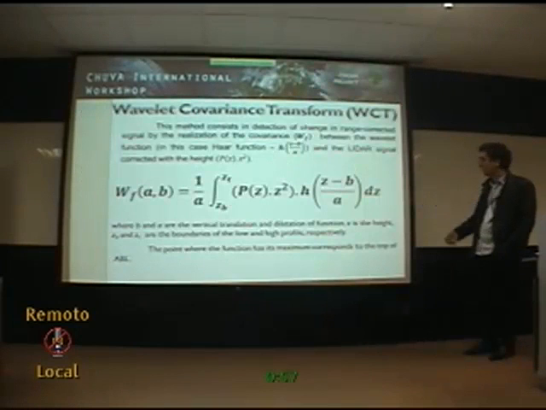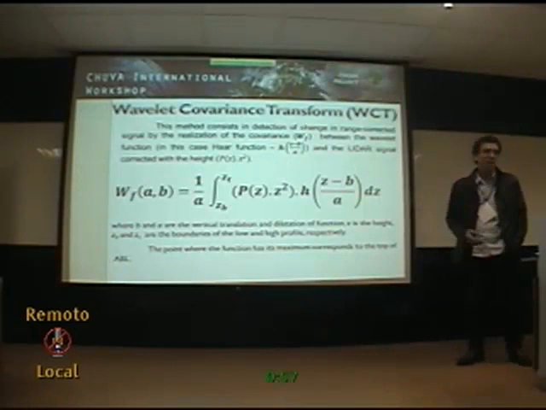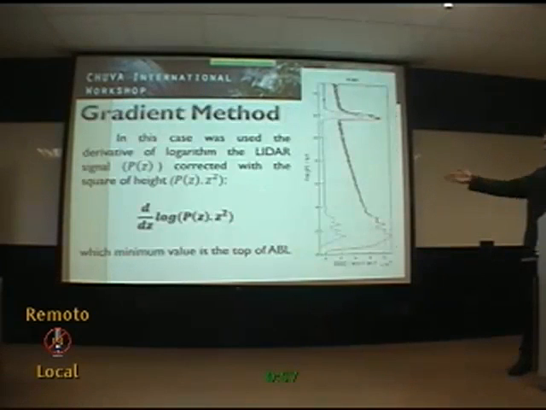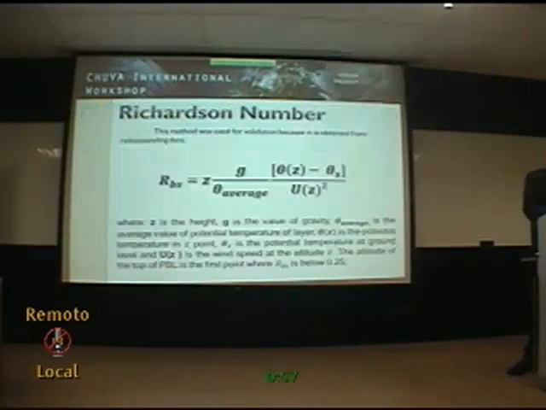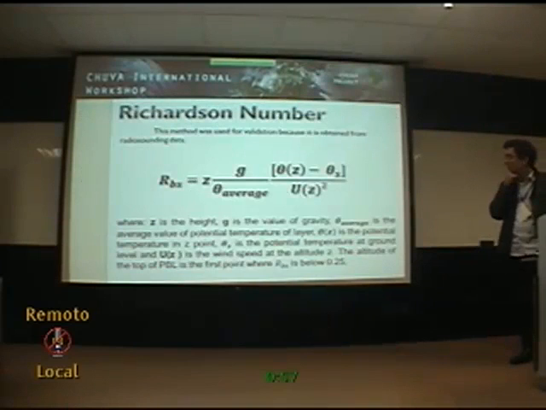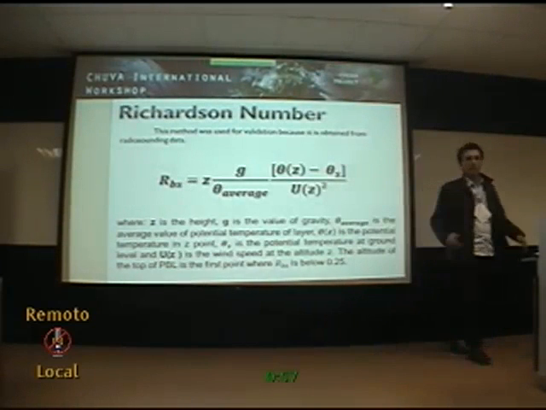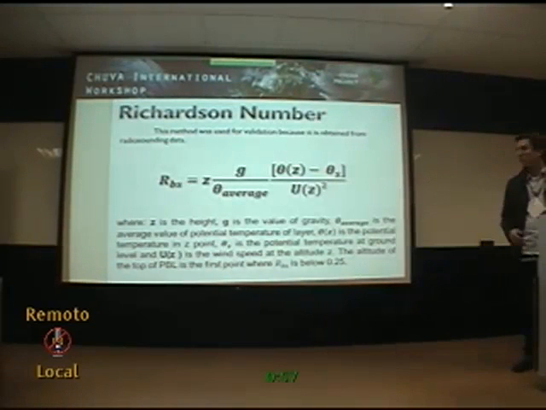You would have to go into the papers to understand really how the method works, but it's supposed to correct part of the mistakes that you can make just looking at the derivative of the signal. The last method is to calculate theta from the radiosondes, calculate the Richardson number, and look at when it gets below 0.25, when there is not enough mixing to be considered a boundary layer. Then this is the height at the top of the boundary layer.